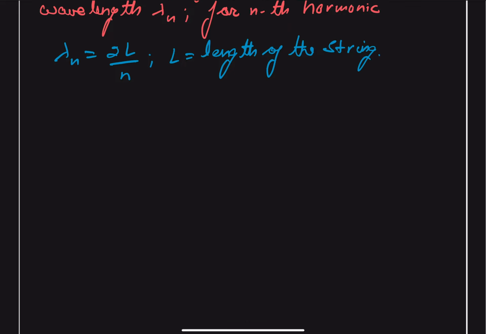And in the question it is given that we have to do the analysis for the third harmonic. So it means value of n is 3. So for third harmonic, n is equal to 3.